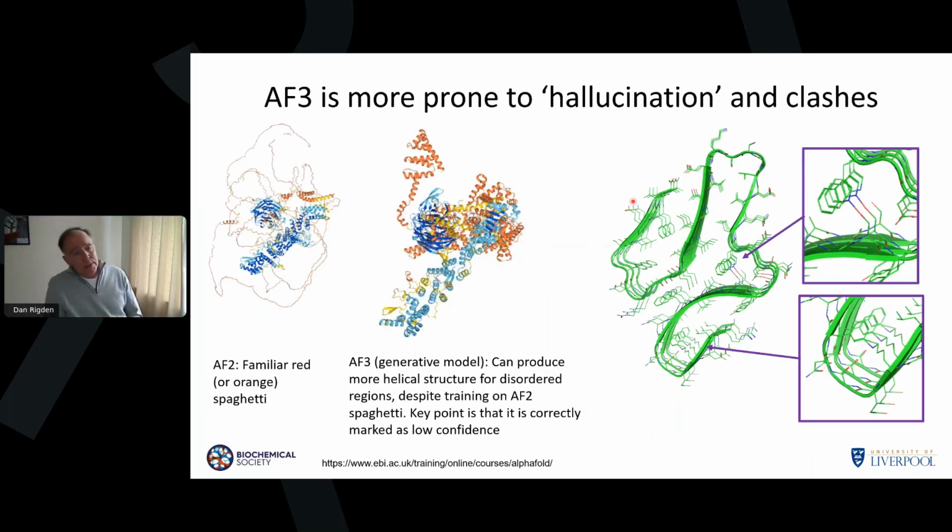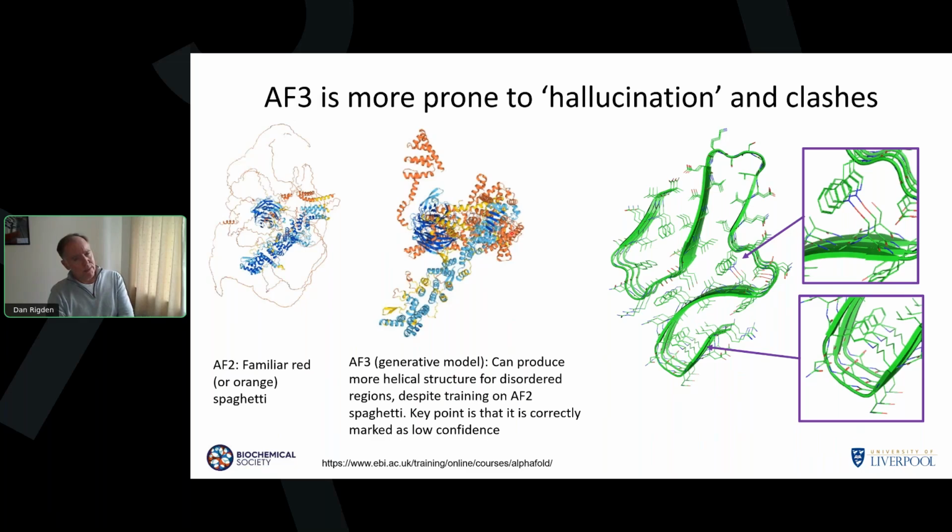Some little characteristics of AlphaFold 3 that are a little bit different to AlphaFold 2 in some cases that you should be aware of. So we talked about AlphaFold 2 and what I call this red spaghetti, this kind of disorder, and how it represents as these long extended squiggly regions. In AlphaFold 3, for some proteins, disorder actually appears as these helices.